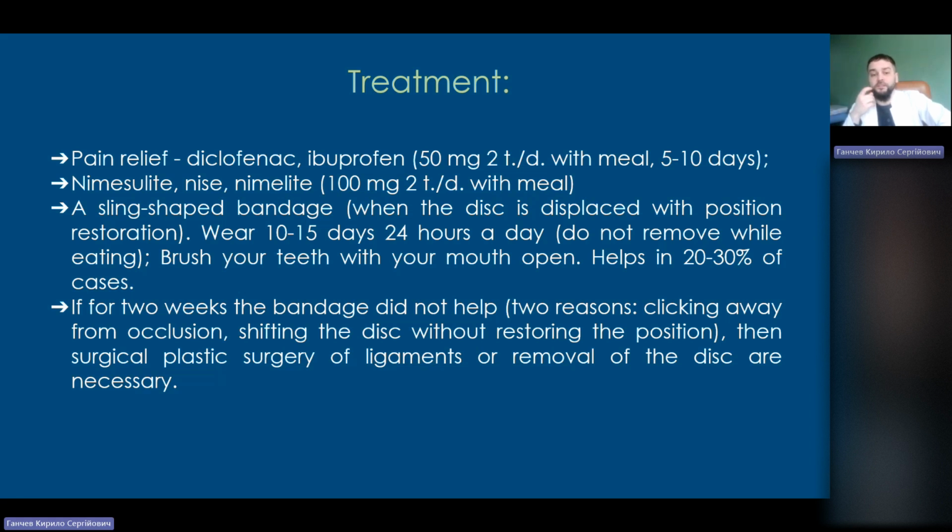Let's say it another way. In the first semester of fourth year, you're going to have the cycle of oral surgery that deals with traumas, I mean injuries of the maxillofacial region.